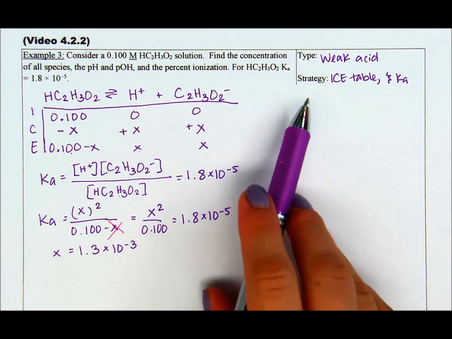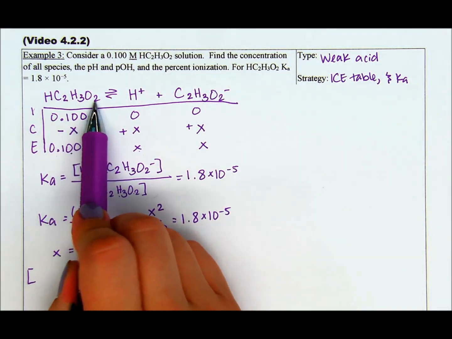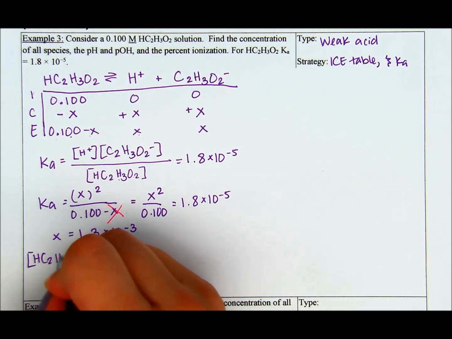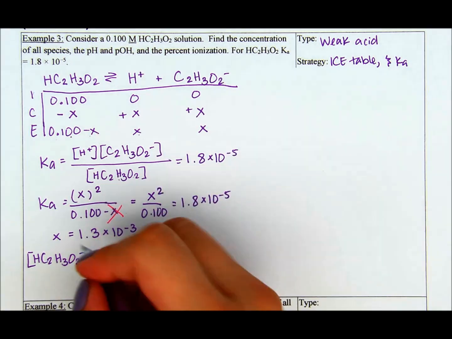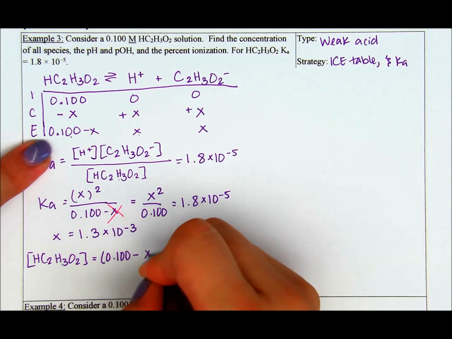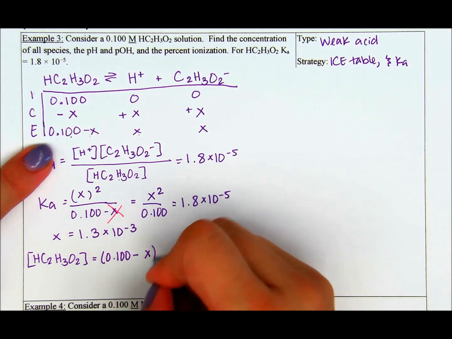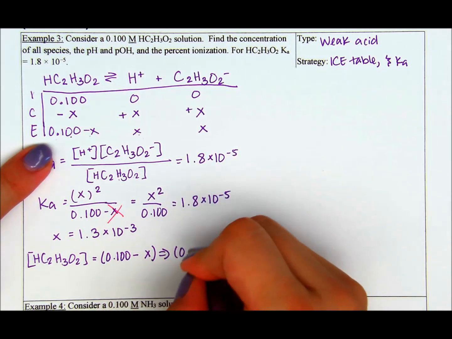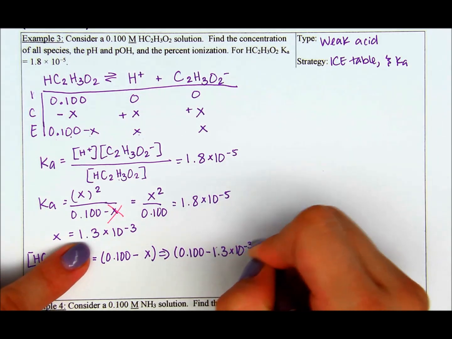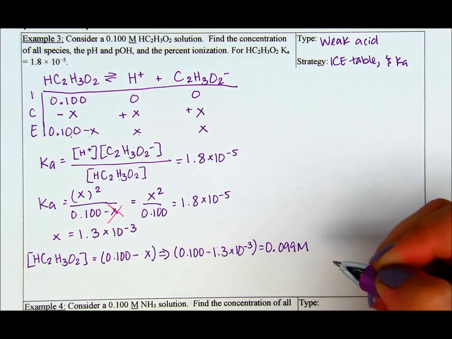Okay, let's move on to the second part of our problem and find the concentration of all of our species. So first, let's find the concentration of our acetic acid here. So HC2H3O2, memorize that, equals 0.100 minus x, which is going to be 0.100 minus 1.3 times 10 to the negative third, and that's going to give you 0.099 molar.